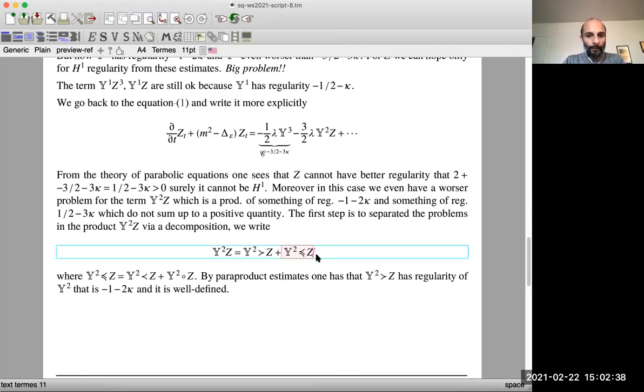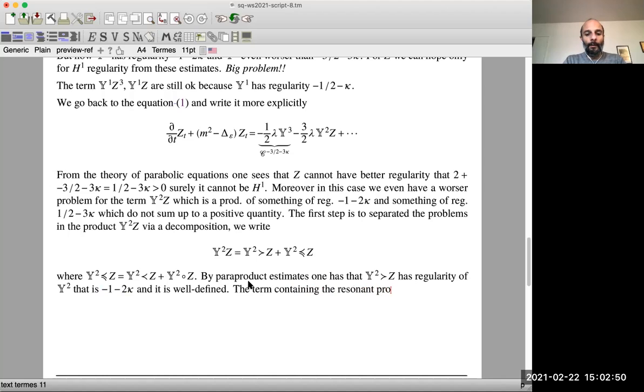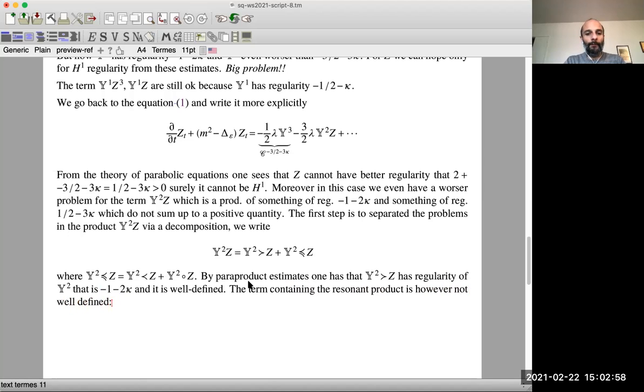Okay, so the term containing the resonant product is, however, not well defined. Okay, so I have a problem.